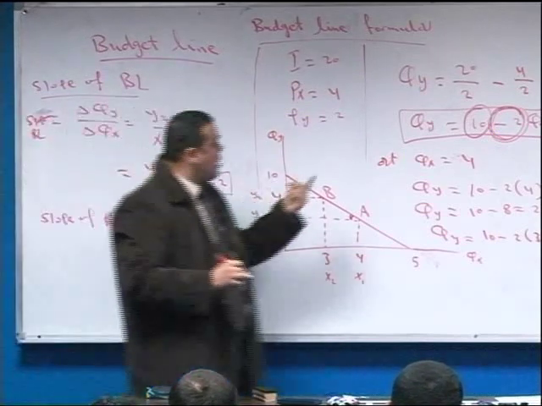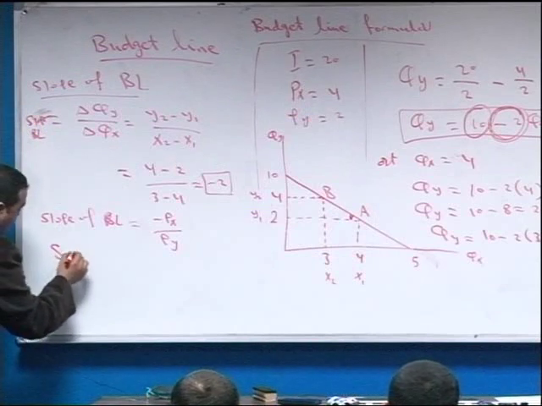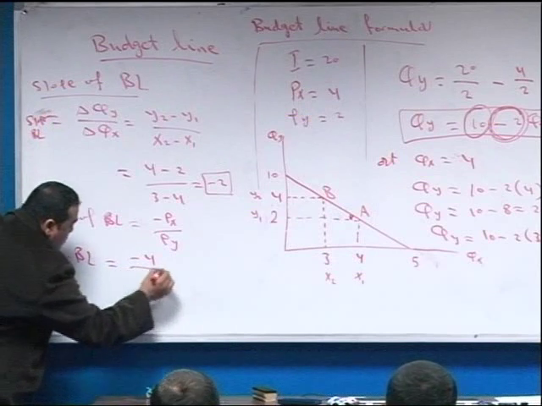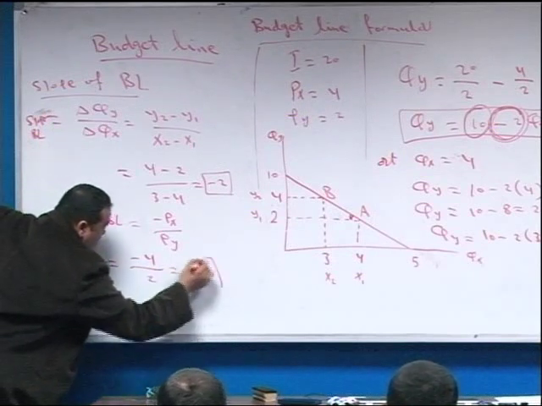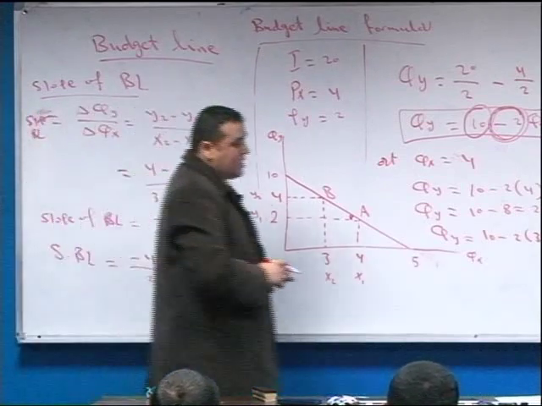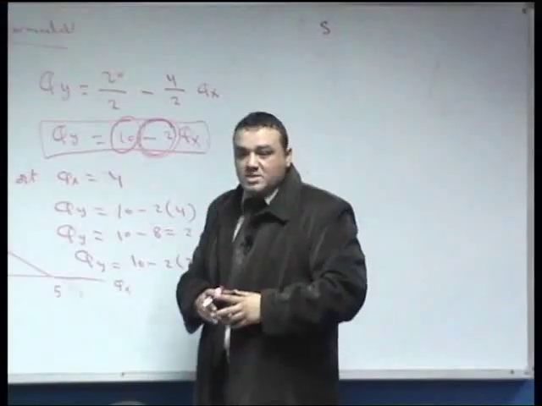The price of X is how much? 4. So the slope of the budget line equals minus 4 over 2, equals minus 2. So in all cases we reach the same result, right? Who has any problem so far?